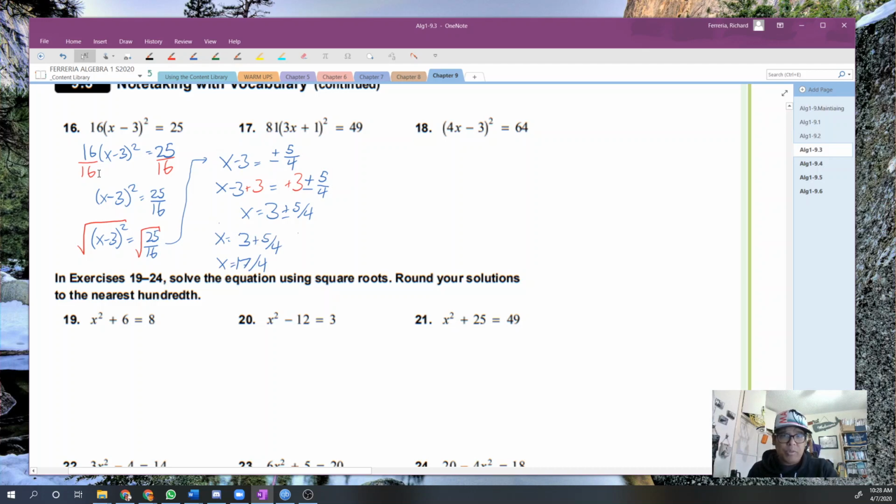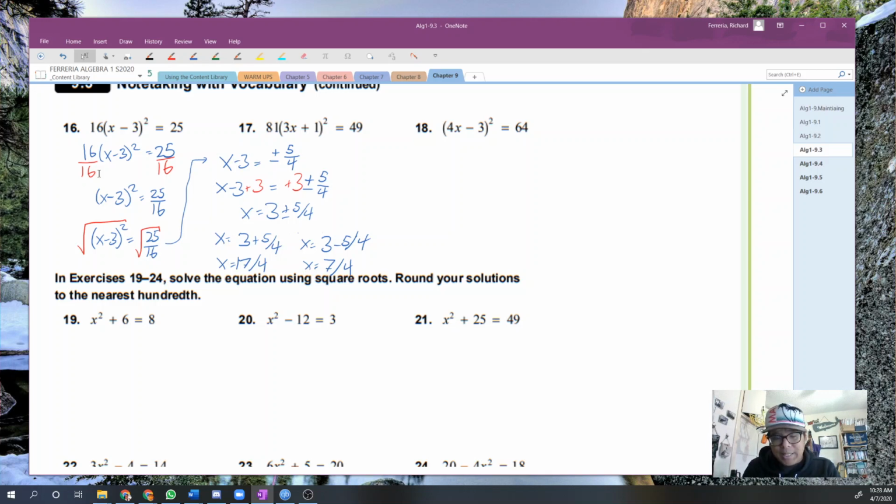And if I, no, my bad, we did the addition first. So if I do 3 plus 5 over 4, I guess we did this in fractions first, 17 over 4. That's 12 over 4 plus 5 over 4, which is 17 over 4. And if I do the subtraction part next, that's 3 minus 5 over 4, which is 12 over 4 minus 5 over 4, or 7 over 4.